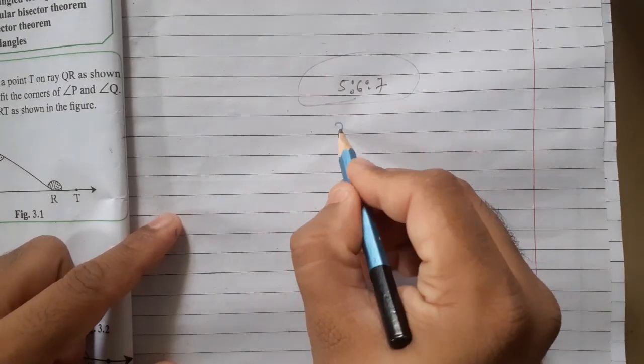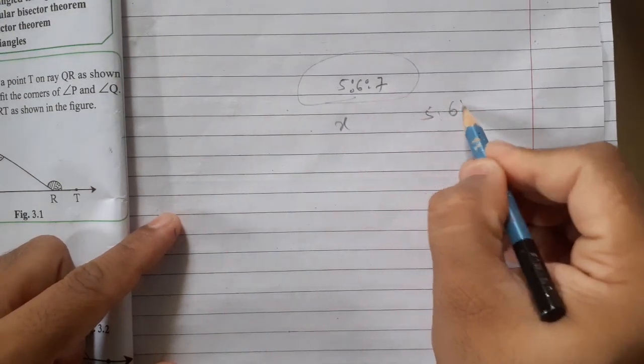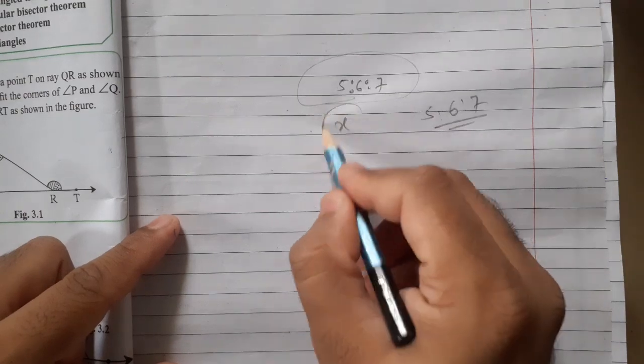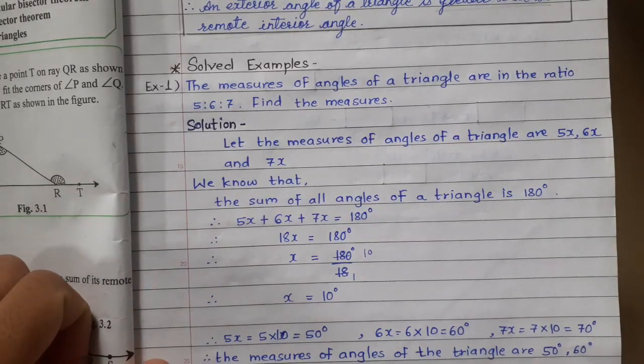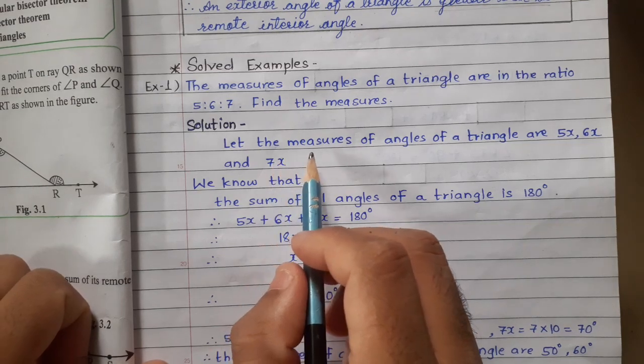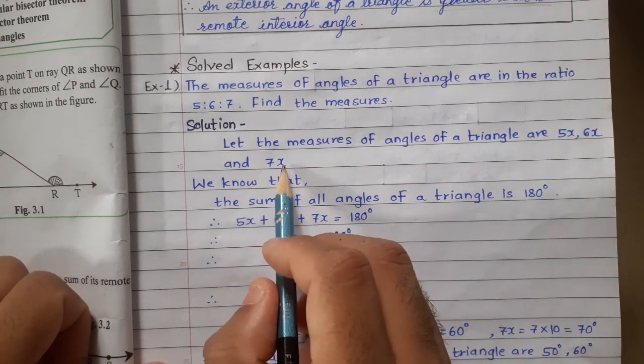Since the ratio is given as 5 to 6 to 7, we can take x as a common multiple of the ratio. Solution: let the measures of the angles of the triangle be 5x, 6x and 7x.